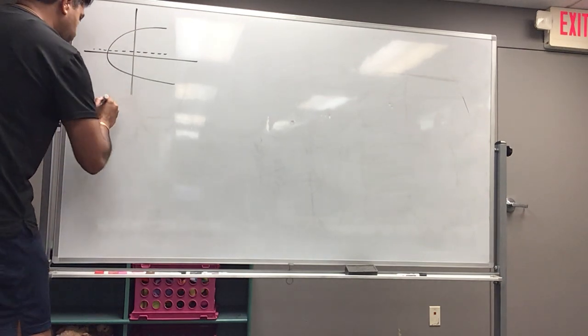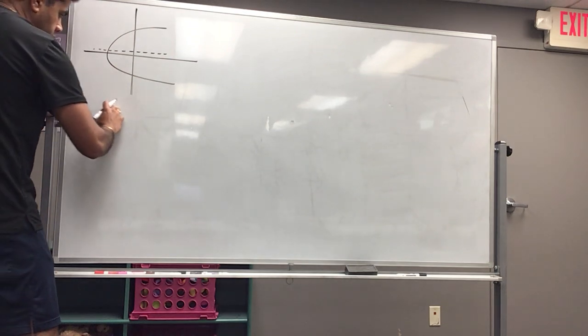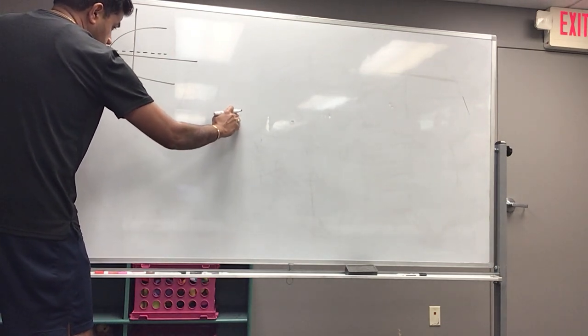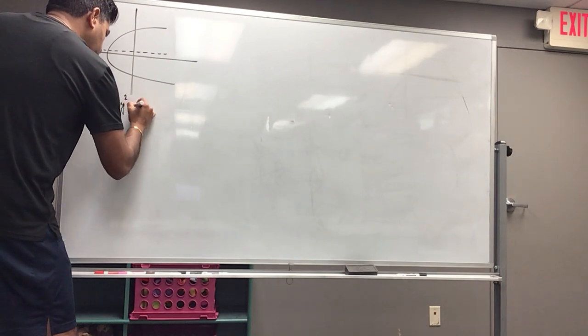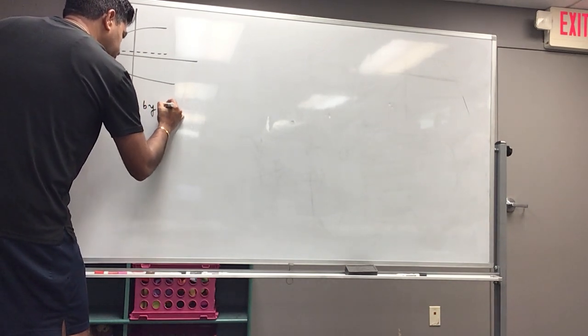The equation would be, instead of y equals ax squared plus bx plus c, x is equal to ay squared plus by plus c.